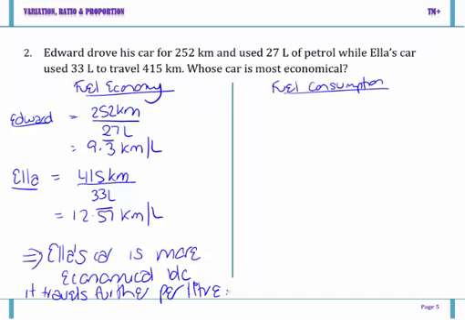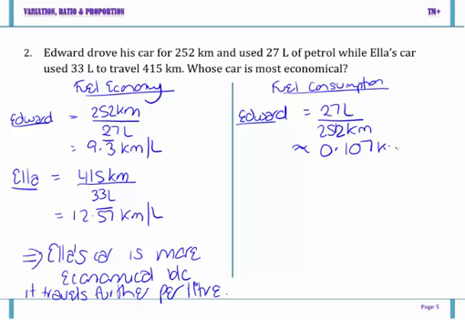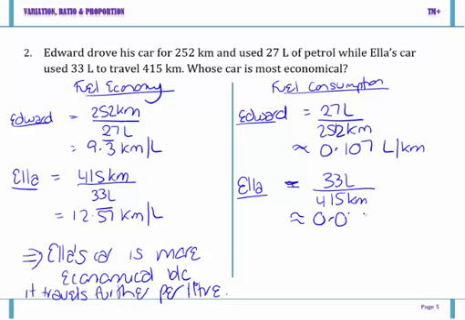Okay, when you're looking at fuel consumption, you go the opposite way. So Edward, you're going to do that 27 litres over 252 kilometres, and you'll get approximately 0.107 litres per kilometre. Okay, for Ella, you're going to have 33 litres over 415 kilometres, which will give you approximately 0.0795 litres per kilometre, to see how many decimal places to go.